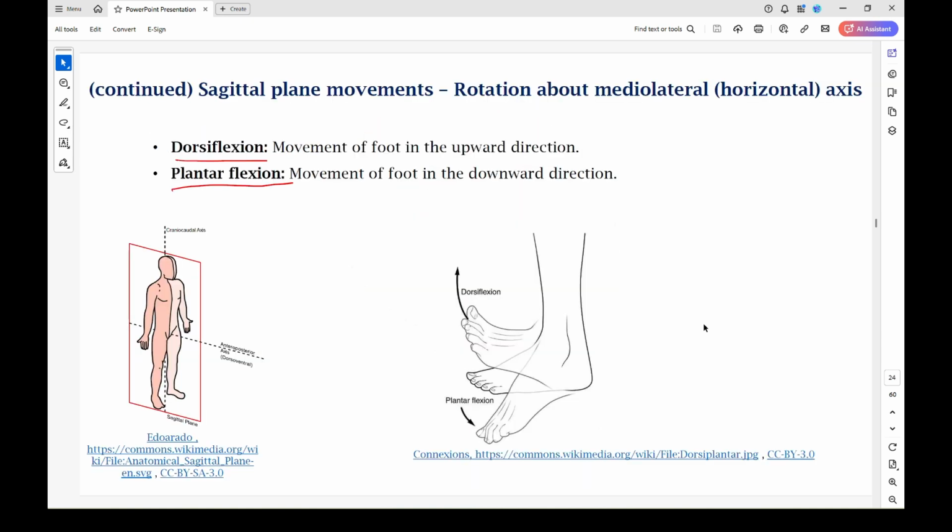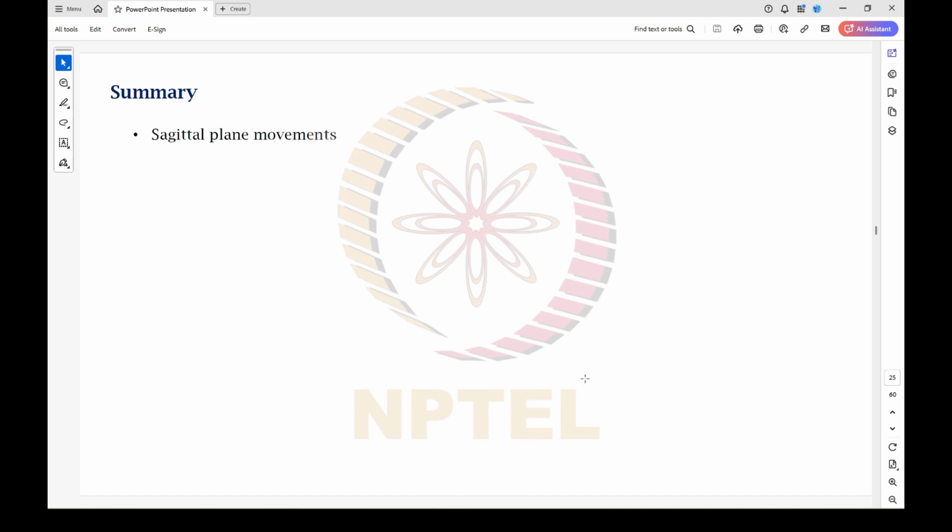Remember, all these movements are with respect to the anatomical reference position. The anatomical reference position would have been the mid position.